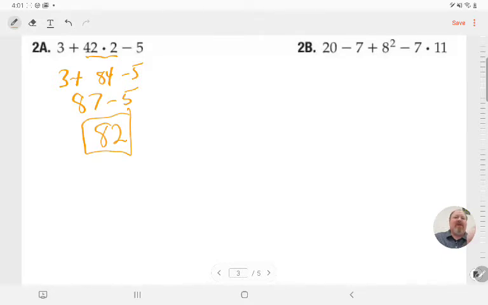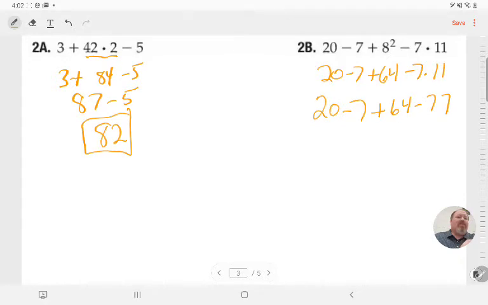Okay? All right. Let's look at 2B. Do we have any grouping? No, we do not. Do we have any exponents? Yes, we do. So we go 20 minus 7 plus 8 squared, which is 64, minus 7 times 11. All right. Now, we're done with the exponents. Do we have any multiplication or division? We do. We have 7 times 11. So it's 20 minus 7 plus 64 minus 77.